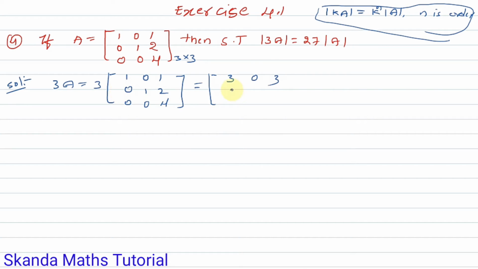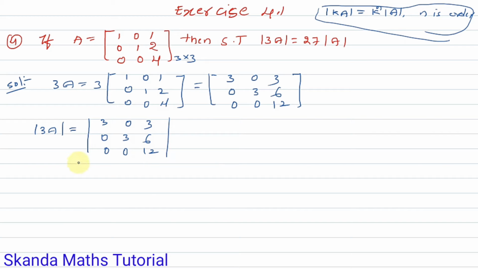Next 3 zeros are 0, 3 ones are 3, 3 twos are 6. Next 0, 0, and 3 fours are 12. This is 3A. Now we need to find the determinant of 3A, which is [3 0 3; 0 3 6; 0 0 12].